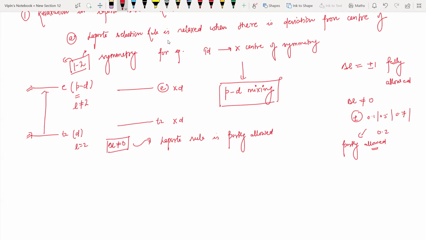Hence, for that moment, there will be mixing of atomic orbitals, and that leads to allowedness of Laporte selection rule, but the relaxation is very, very small as compared to tetrahedral complexes, because tetrahedral complexes do not have center of symmetry, but octahedral complexes do. The time when there is loss of center of symmetry is responsible for the very weak color of octahedral complexes.